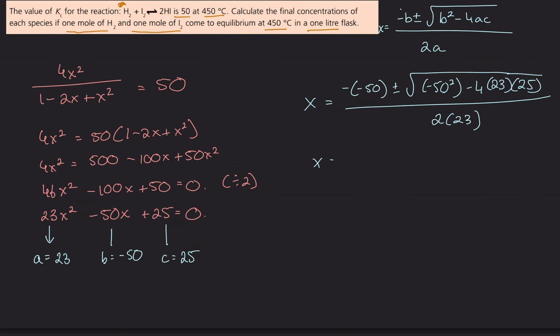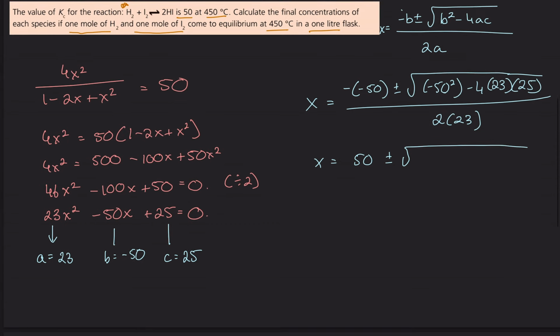So we can change that first minus 50 into a positive 50, plus or minus. If you put all of that into the calculator, you're going to end up with... we won't do that, we'll just do it section by section.